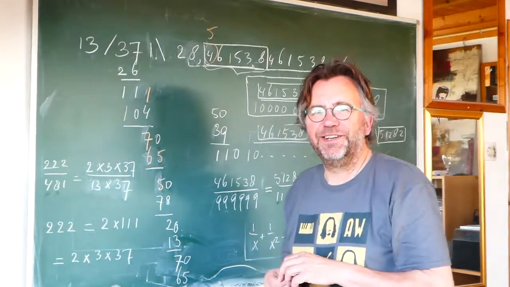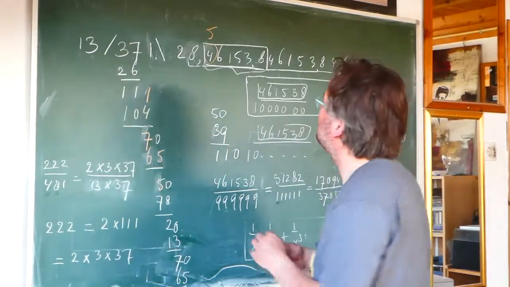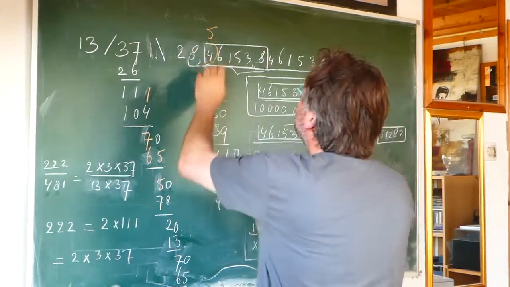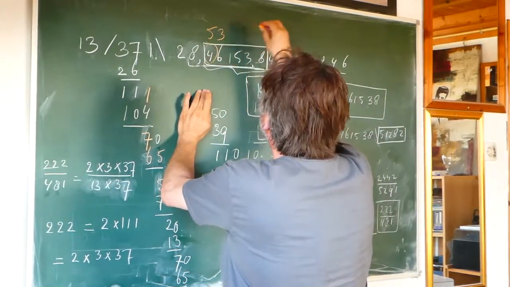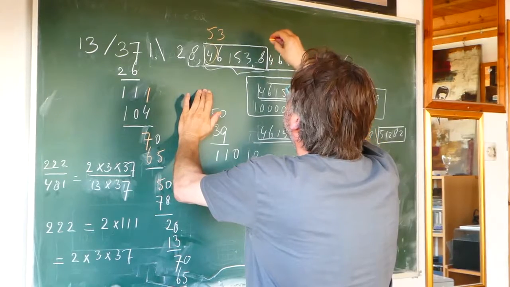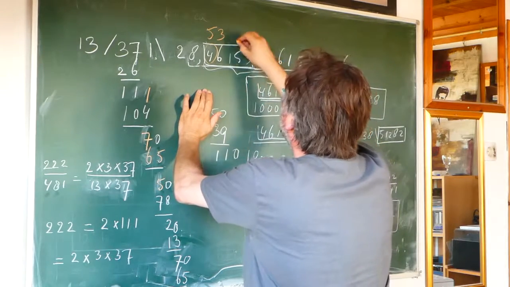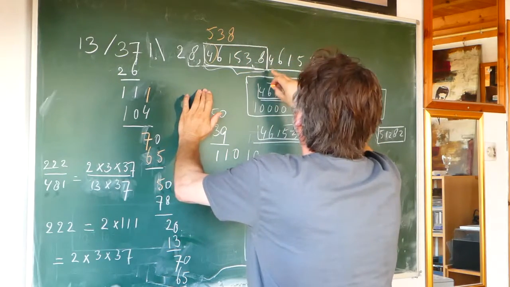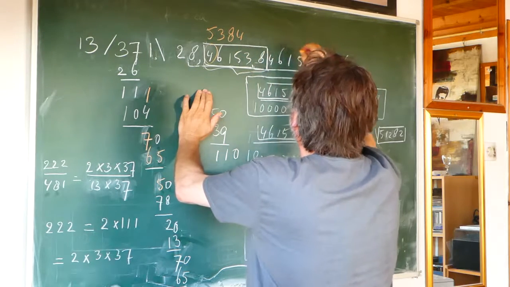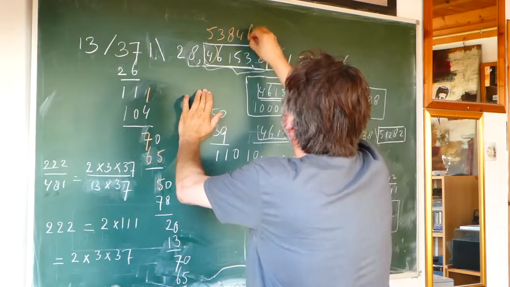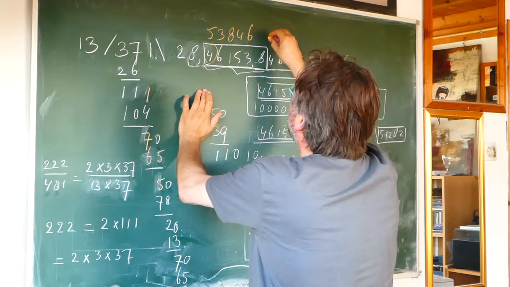So these mistakes can be instructive. So this 5 is going to be followed by 3, and then by 8, and then by 4, and then by 6, and then by 1.